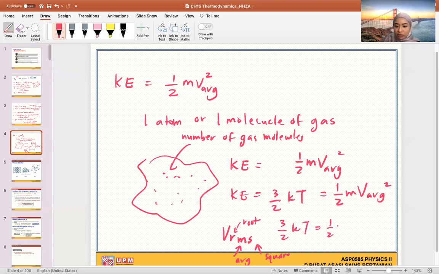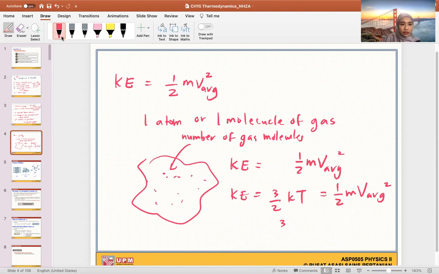Okay, so 3/2 kT equals 1/2 m v average squared. I'm just going through this laju-laju je. So 2 part cancels out. m goes here. 3kT over m. Tak cukup tempat lah pula.